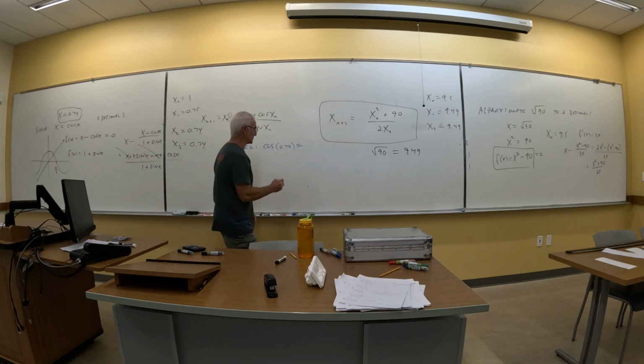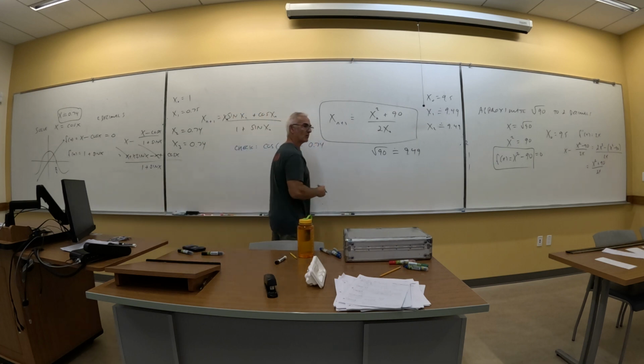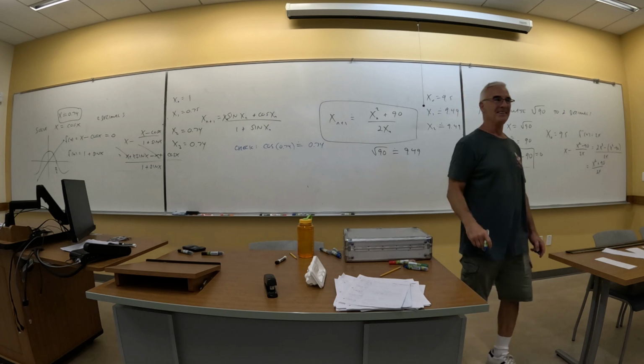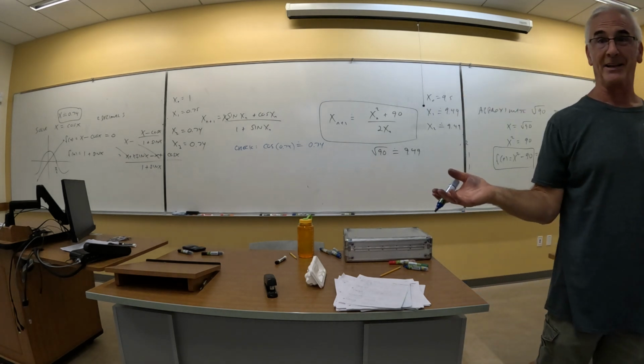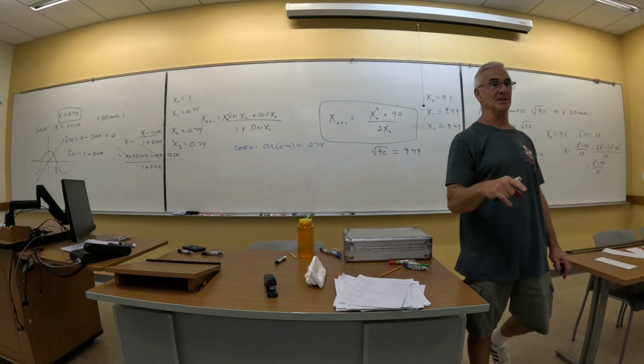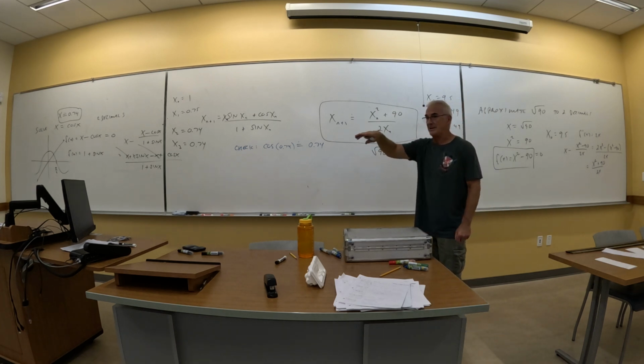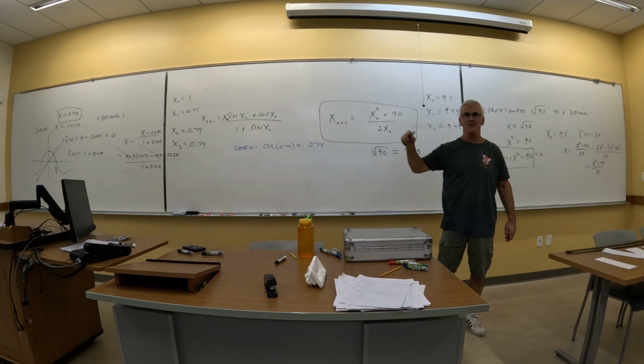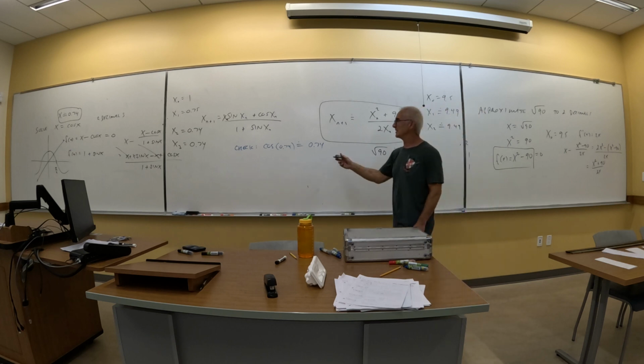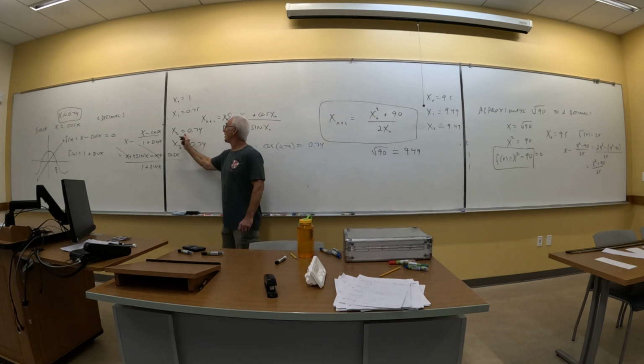To 2 decimal places, it is 0.74. So is the cosine of x essentially equal to x at that value? To 2 places, it is. The actual answer is probably like 0.739 something. It's infinitely many digits, but to 2 places we got it on our second iteration, confirmed it on our third.